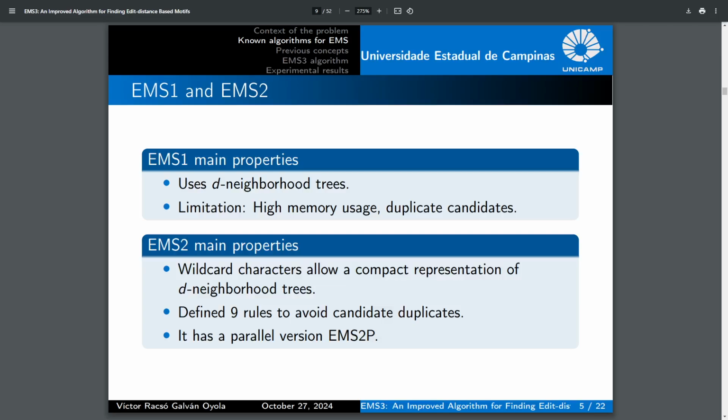The EMS2, which was proposed in 2015, fixes some of the cons of EMS1 by adding wildcard characters on the D neighborhood trees, which allows a more compact representation, and defining 9 rules to avoid candidate duplicates. It also has a parallel version that was implemented in the same paper.